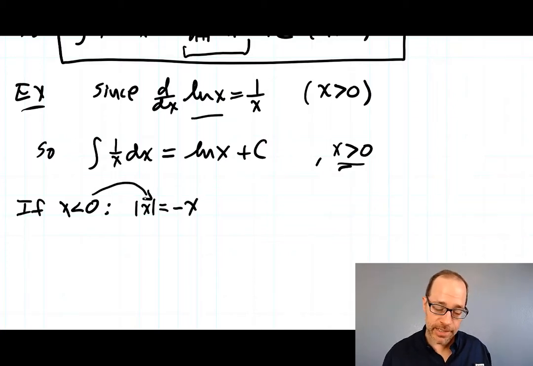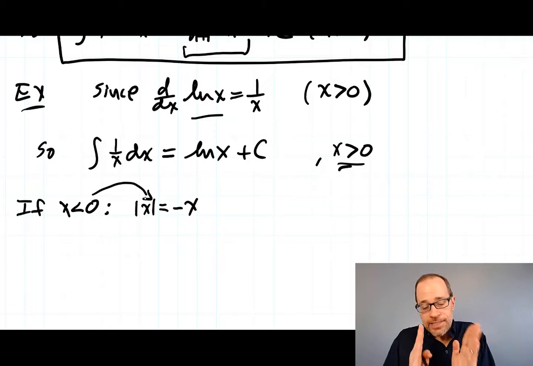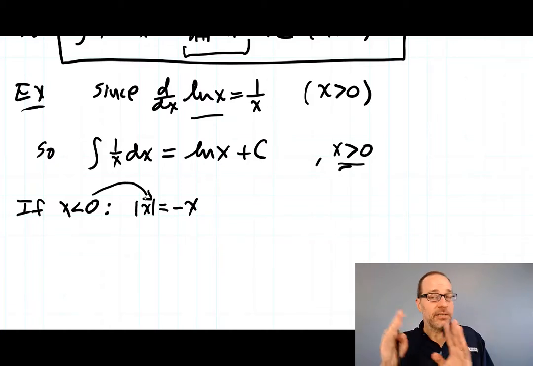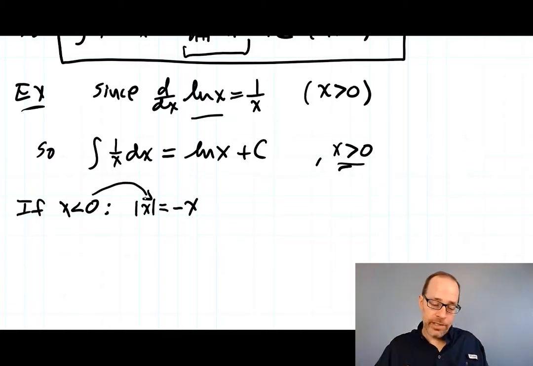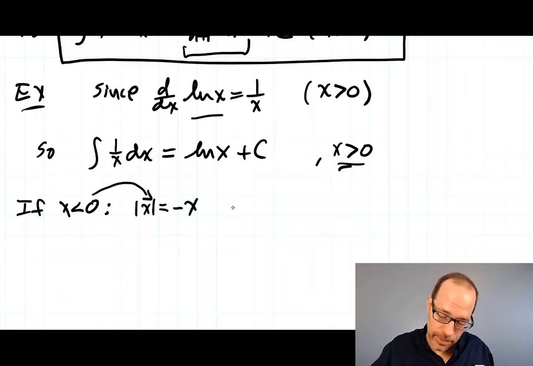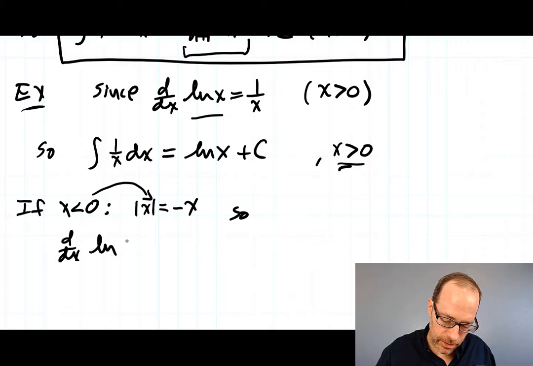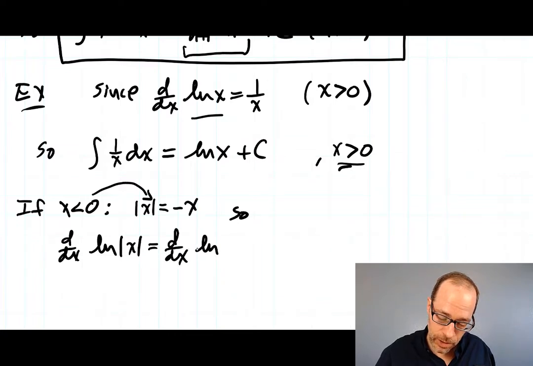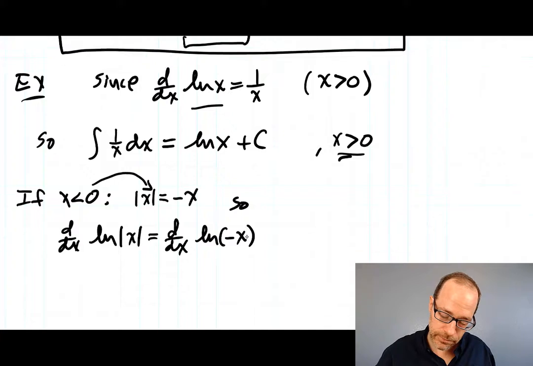At least when x is negative, because if you take, for instance, the absolute value of negative 5, it's plus 5, which means you've really just multiplied by minus 1. So if I do d by dx of the log of the absolute value of x here with x negative, well, since x is negative, this is just the log of minus x.